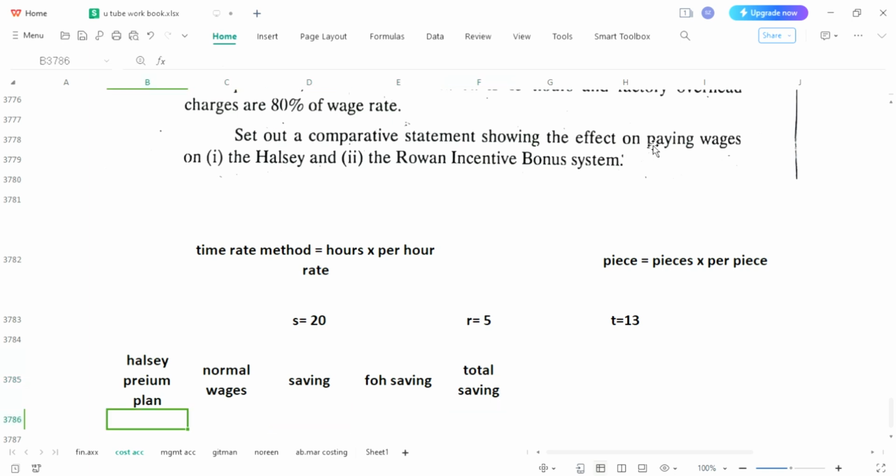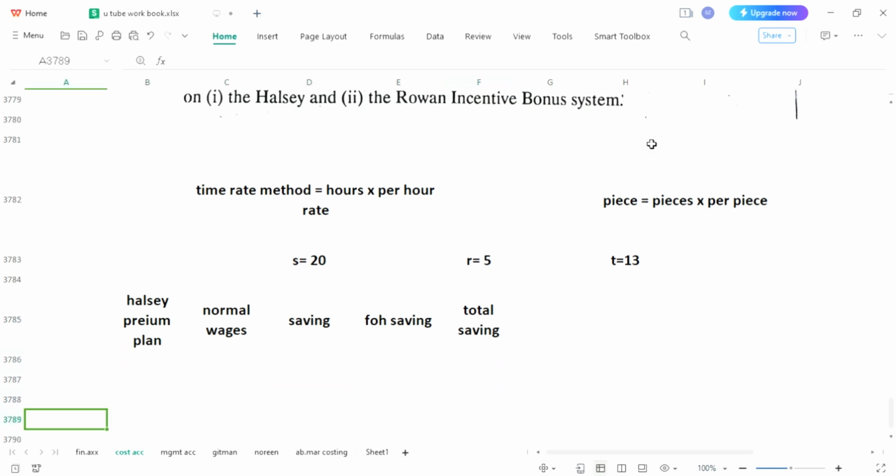How would we do it? That's a separate thing. First, we are going to apply the Halsey premium plan. The formula most of you should have in mind because several calculations have already been made, but for the beginners, I'm writing it again. Don't worry about that, and we will learn how to put amounts in that formula as well. So first you need to have time taken, and it would be multiplied by a small r.